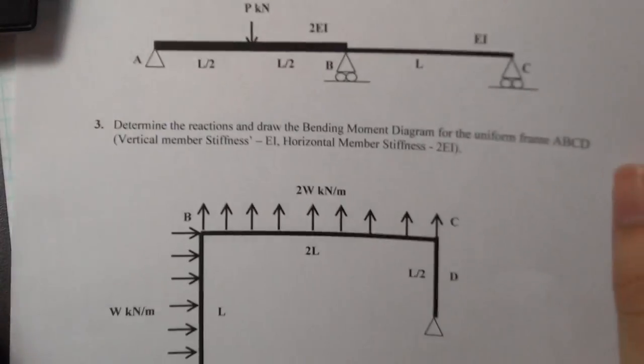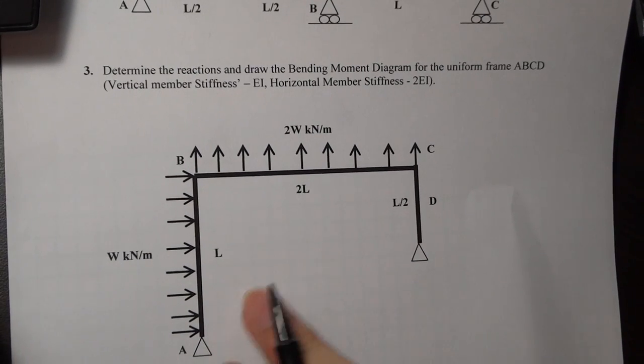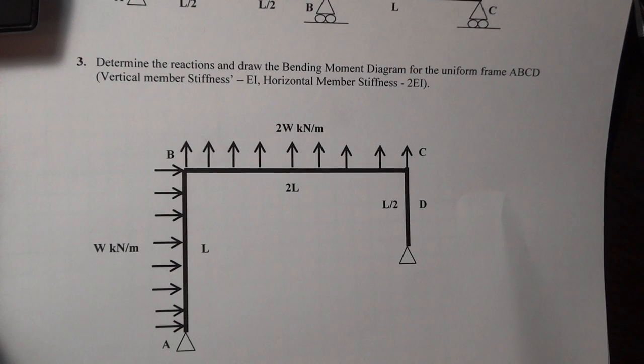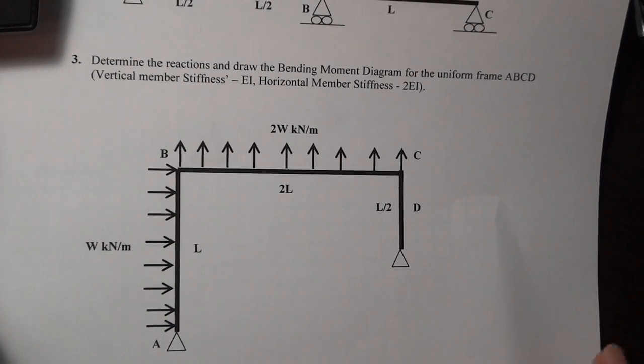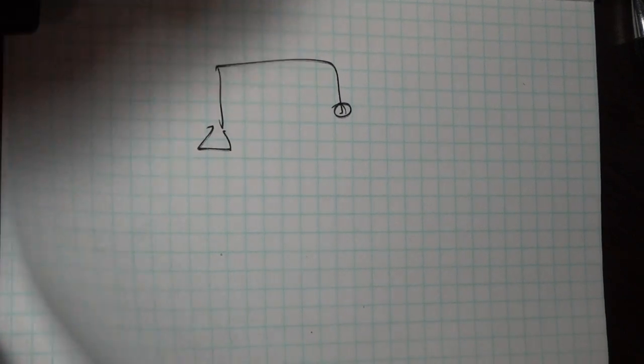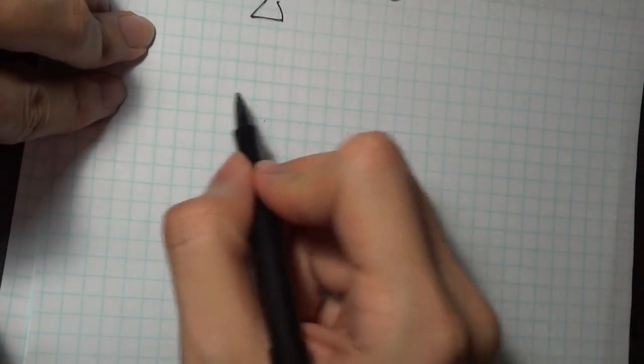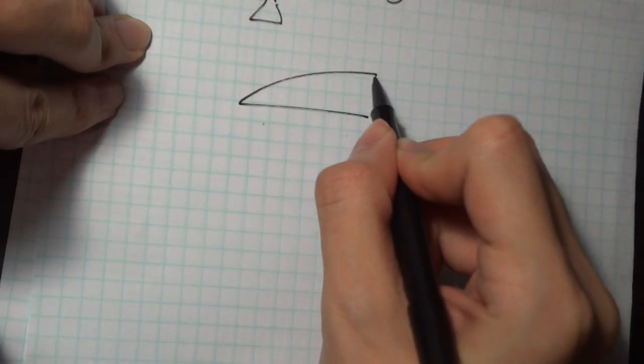But at the same time, the parts of this video that I wanted to go over were about the moment diagram. So I'll try to go over those issues without actually explicitly drawing the moment diagrams. So what do I mean by that? Let's say that you happen to have a moment diagram that looked like this.